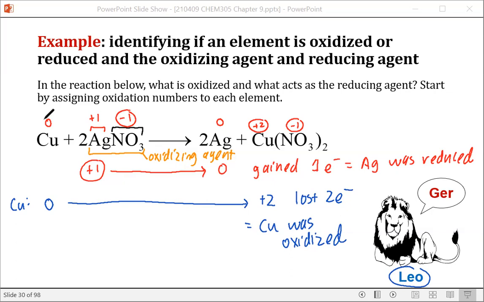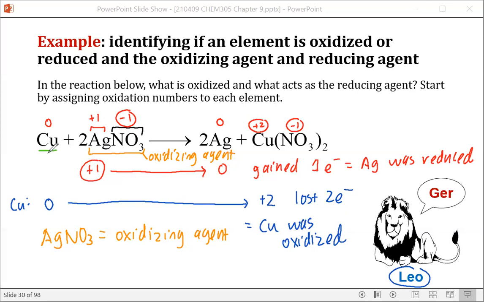It facilitated the oxidation of copper. That's what we're saying. So AgNO3 equals the oxidizing agent. It contains the element that was reduced, therefore it was the agent for the oxidation of copper.